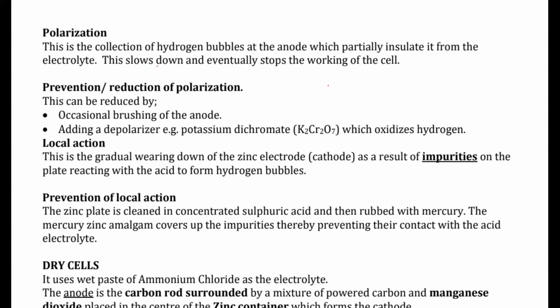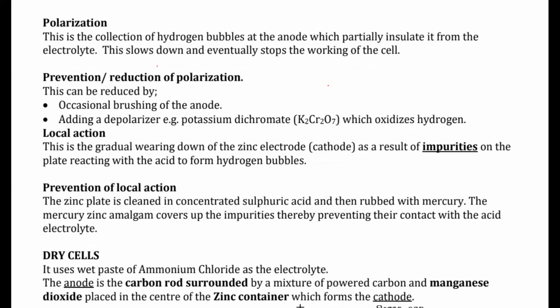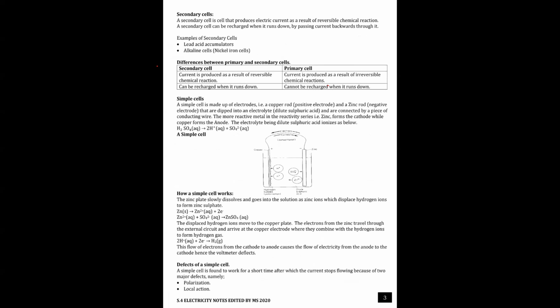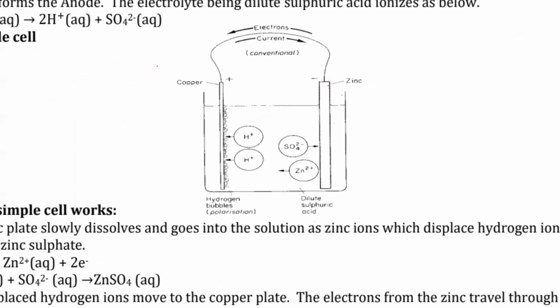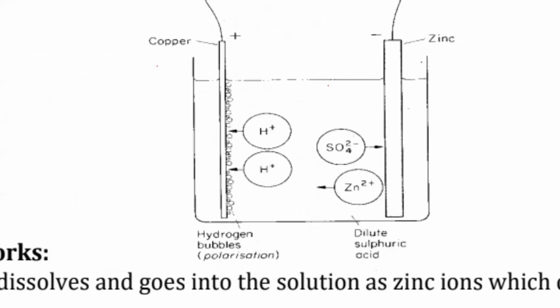So we remember when we are looking at the action of a cell, we said that the hydrogen ions displaced by the zinc ions are moving towards the copper electrode, because of the electrons that flow from zinc to copper through the external circuit or connecting wire.